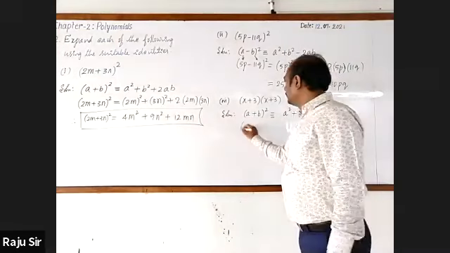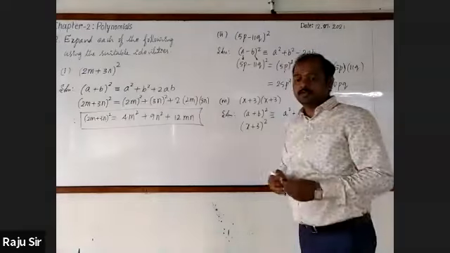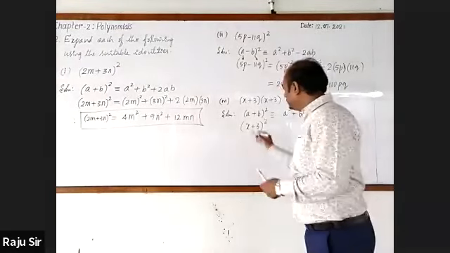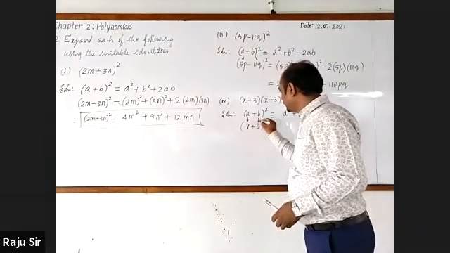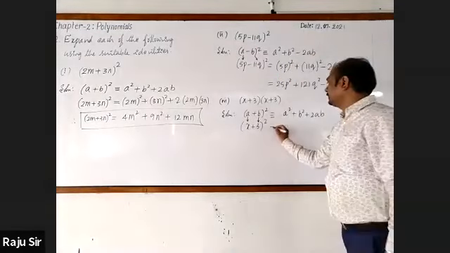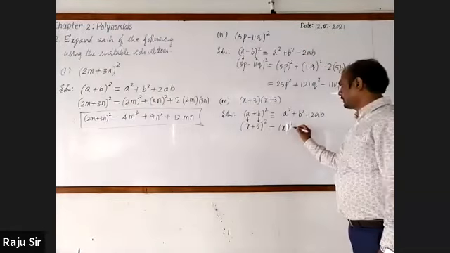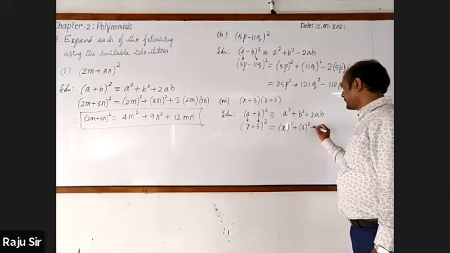Then x plus 3 into x plus 3 is x plus 3 whole square. Write x in place of A and substitute 3 in place of B. X square plus 9 plus 6x.